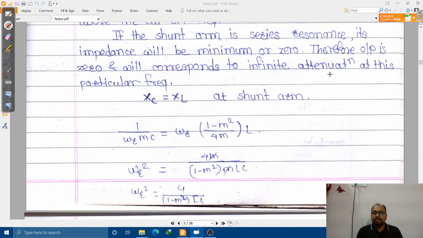Suppose, for example, if 2C is there, how are we going to write the capacitive reactance for that? XC is nothing but 1 upon omega into 2C. Are you getting this? In the similar case, how are we going to write omega L for 2L? XL is nothing but omega R into 2L. Are you getting this?